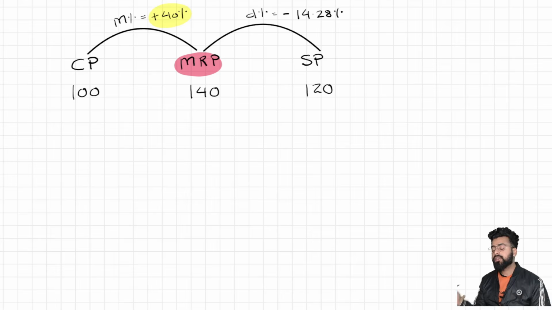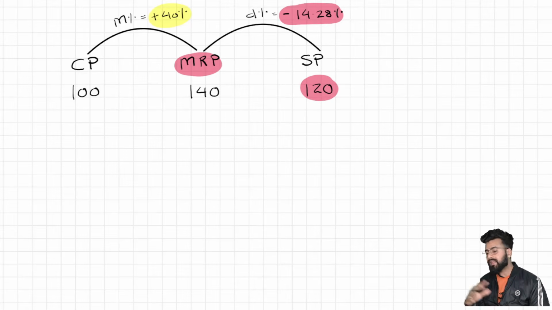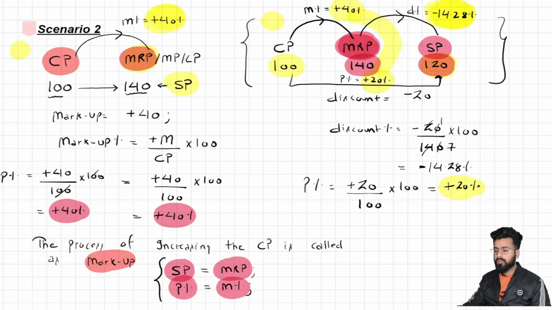And then what he did, due to competition in market, there are many big players. Due to this, he was forced to give discount to the customers, and therefore he offered a discount of 14.28%, because of which he's selling the same article for rupees 120. And then we calculated what is overall profit or loss. And after doing calculation, we got to know this person has gained 20% here. Cost price was 100, selling price is 120.